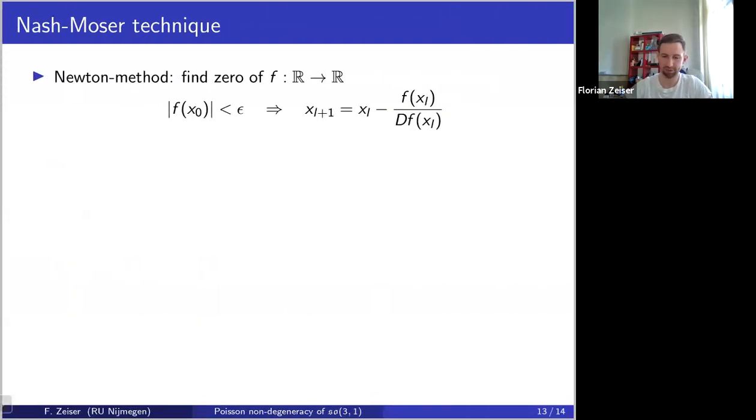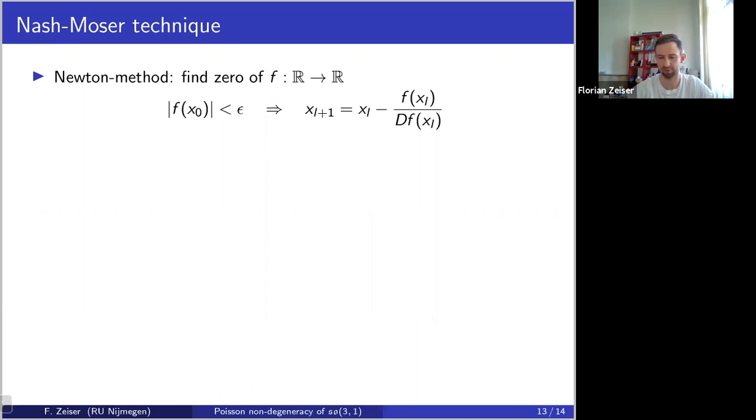Okay, so now to the Nash-Moser technique. It's based on something which is very familiar to all of us, I guess, the Newton method. So we have a function and we want to find a zero of the function, and we start with a point which is close enough to a zero. Then one treats the function as if it were linear in order to get closer and closer to the zero, by defining the iteration given here.